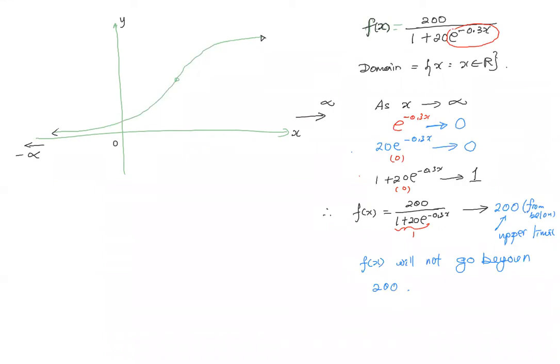So I straight away know from here my f(x) is less than 200. So this will become my range. Now how do I get the lower part of the range? I study this direction, as x approaches negative infinity. So what happens to e to the power negative 0.3x? What will happen to that?